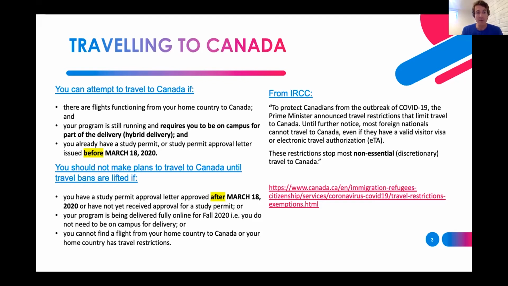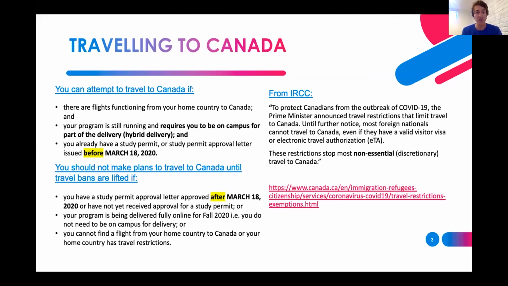If your program is still being delivered for the fall term, there are a couple of cases where the program has been suspended for the fall term, but if your program is still being delivered and it requires you to be on campus, that is, it has what we call a hybrid delivery, that means at least some element is on campus and you are required to be here in Niagara to attend the college in the fall.